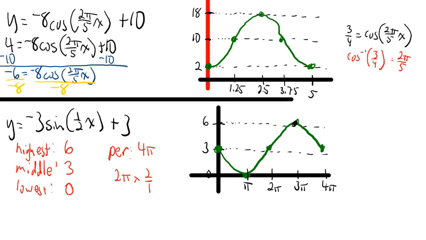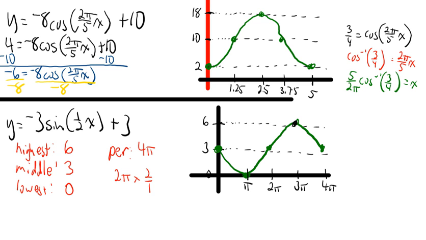Last thing I want to do is get rid of the coefficient of x. Let's use the reciprocal. Let's multiply both sides by the reciprocal of 2 pi over 5. So I'm going to have 5 over 2 pi times the inverse cosine of 3/4 equals x.